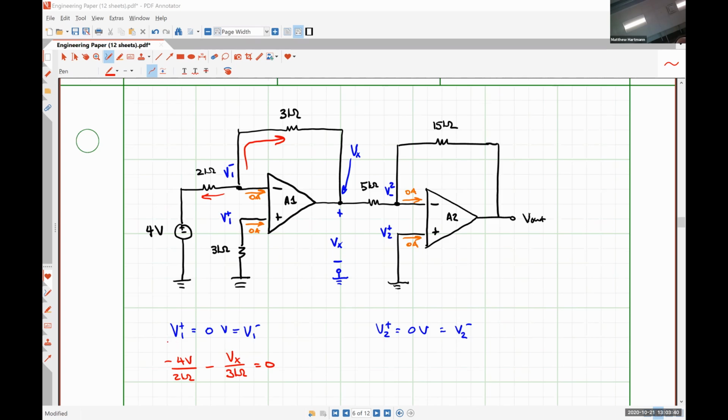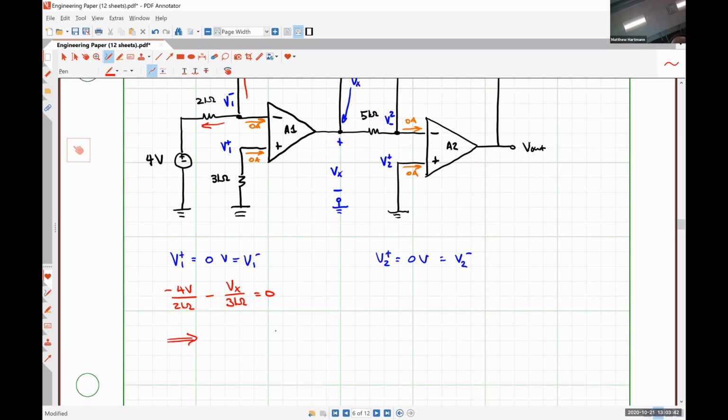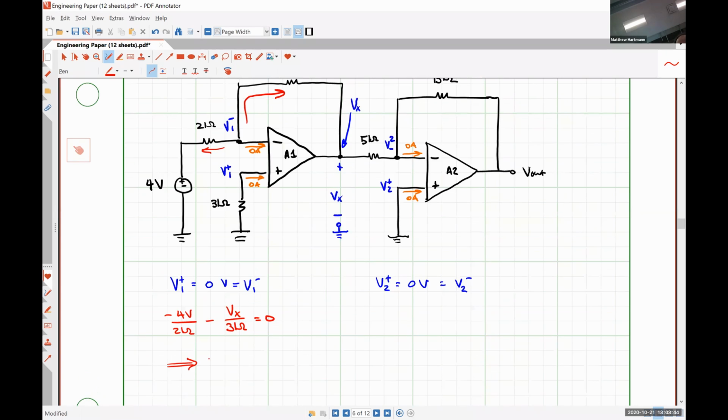And so from this, we could solve for Vx, and it will be -6 volts, if I'm not mistaken. You guys can verify that.